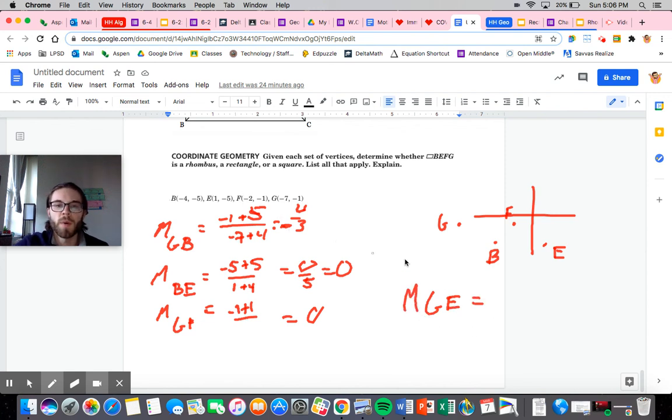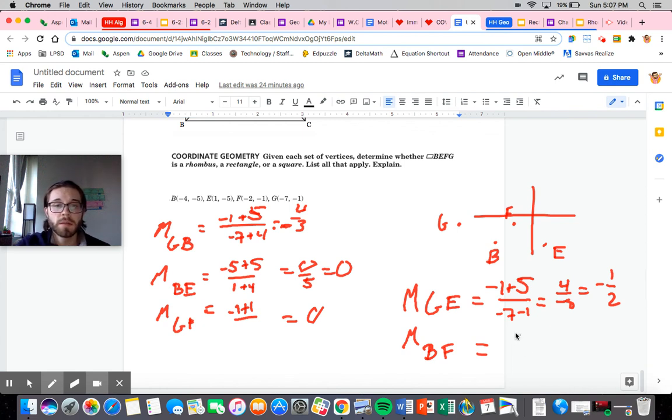Okay, GE has change in y is -1 plus 5, change in x is -7 minus 1. That appears to be 4 over -8, which is -1/2. So hopefully, if we have a slope of 2, we know these are perpendicular, so it'll be a rhombus. BF here, again, you could do distance formula. I'm not stopping you in any way, shape, or form.